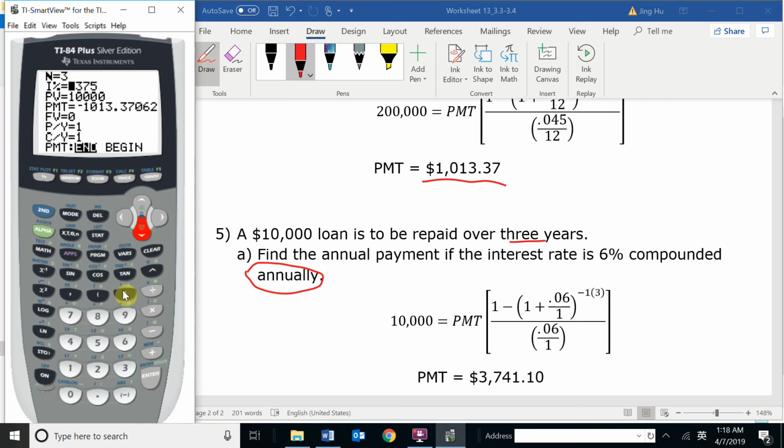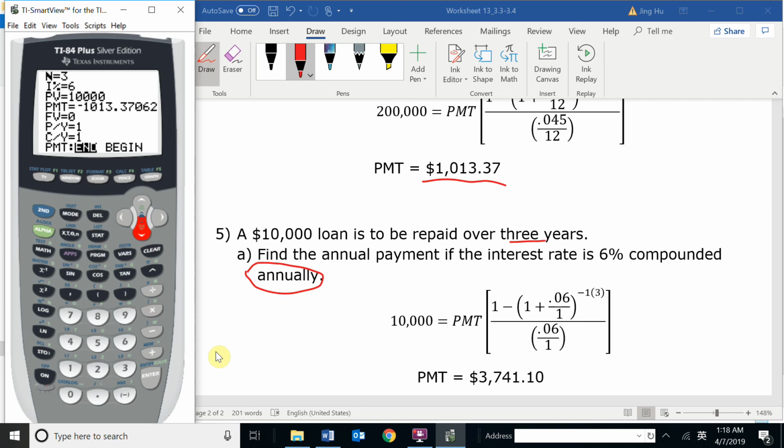Now interest is 6% because it's annually, so we don't need to divide it by 12. If here it is quarterly, it means every year has 4 quarters, 3 months each. So here we just stay at 6%, 6. And the present value we already typed in 10,000.